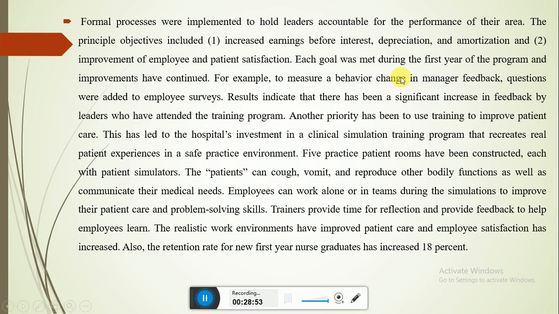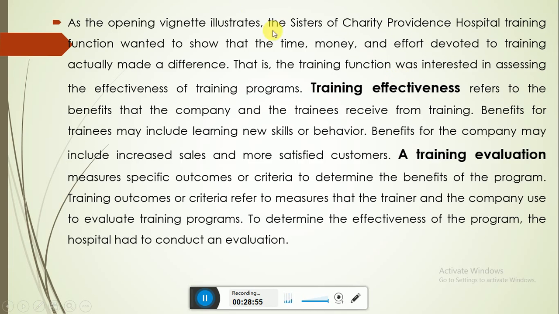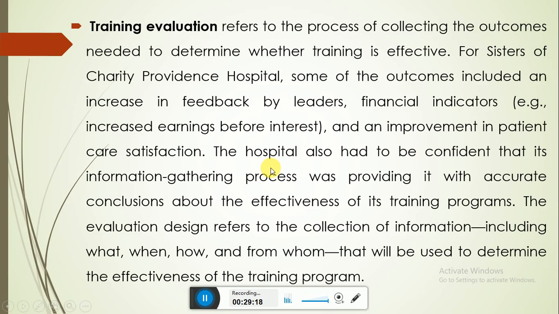Then we discussed training effectiveness. What is training effectiveness? It refers to the benefit that the company and the trainees receive from training. Then training evaluation, which measures outcome criteria, the benefits of the training program. Training outcomes refer to the measures that the trainer and the company use to evaluate the training program. So we have discussed this.